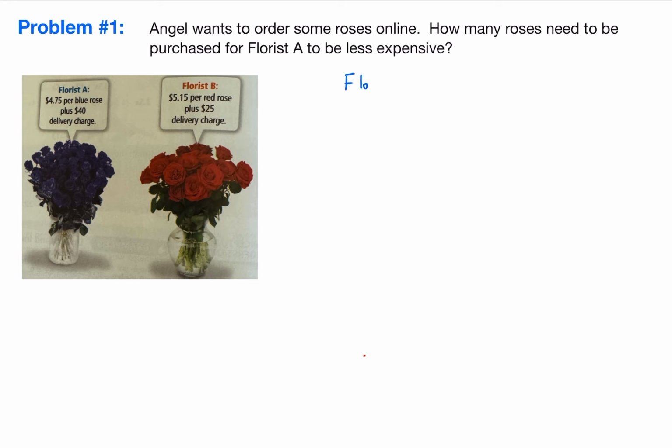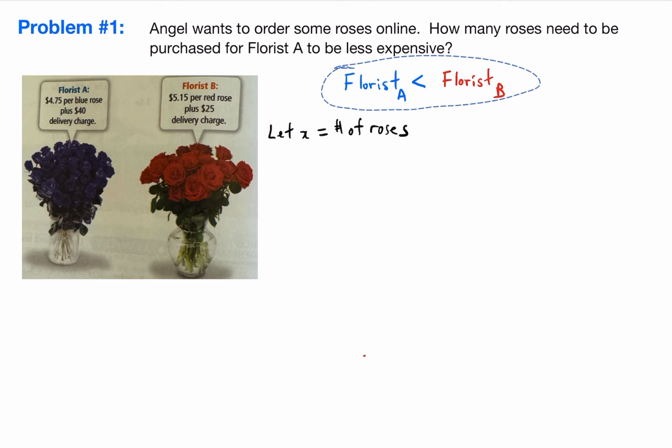We want to know when florist A is going to be less than, and I'm going to put this in a different color, florist B. So the one in blue is going to be florist A, the one in red is going to be florist B. Well, we're also going to let X equal the number of roses.